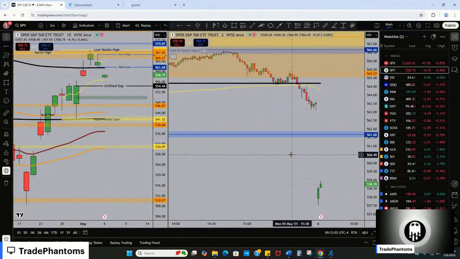All right, let's get my data here for the open. Let me switch this chart. I'm going to go ahead and pull some VWAPs on the MAG 7.